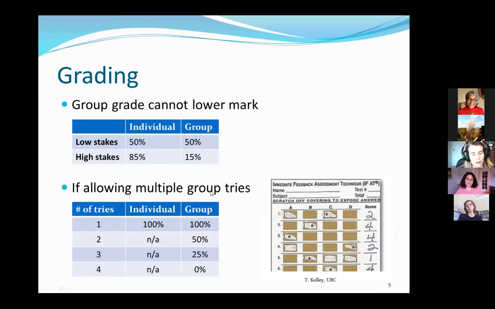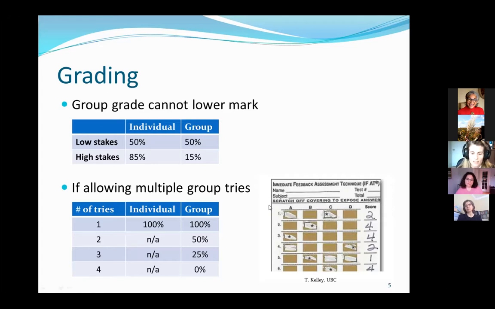On the group part, it's also common to use what are called IF-AT cards. I've got a picture of one over to the right. It's a very specific tool, but there are ways to simulate it online. The idea is that when they're answering the questions, if it's a multiple choice question, the group knows whether or not they got the answer right immediately.